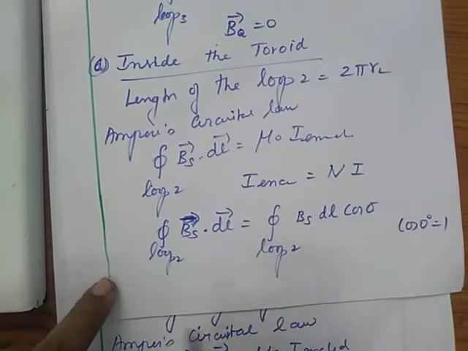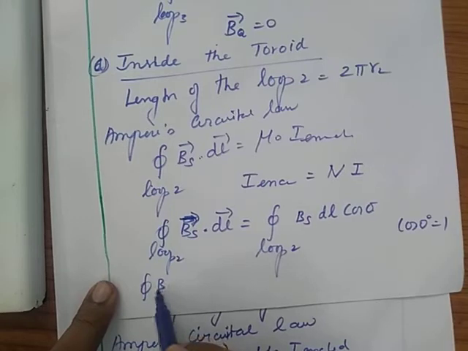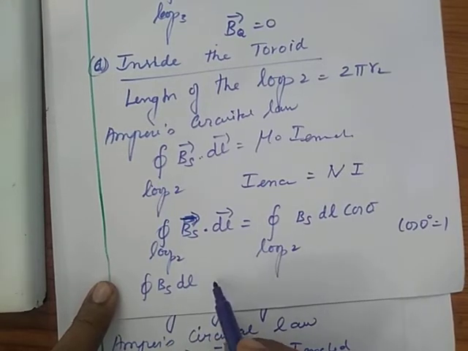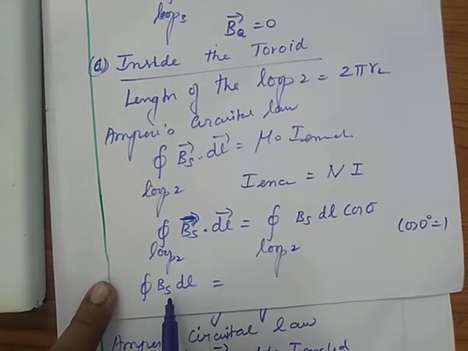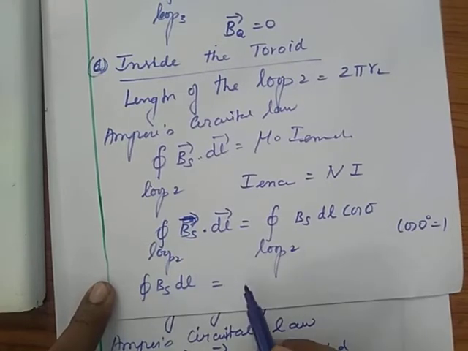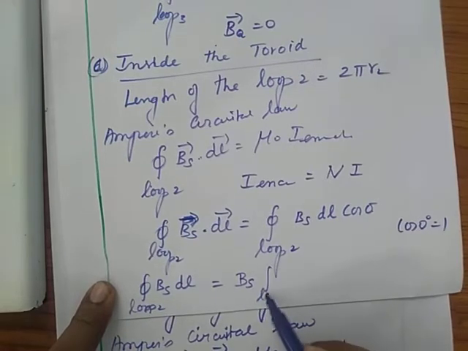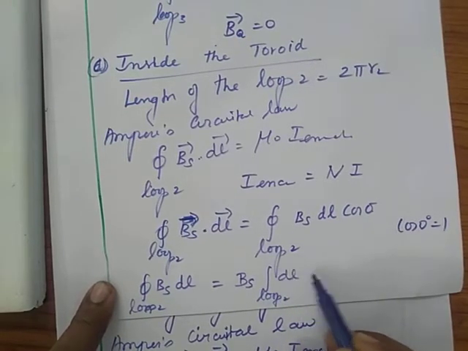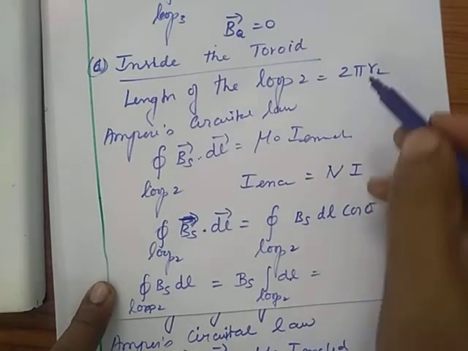Then we can write the closed integral of Bs dl is equal to, since the magnetic field is uniform inside the loop, we can take it outside the integral, then the integral of dl over loop 2. Integrating dl we get the entire length of the loop, that is 2 pi R2.